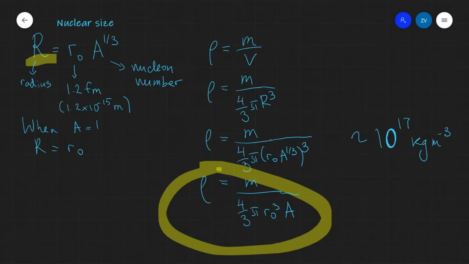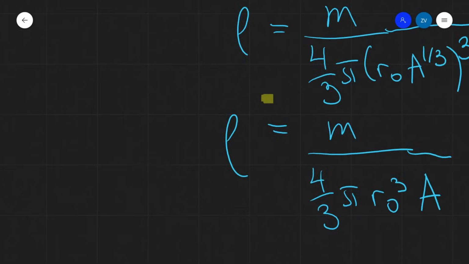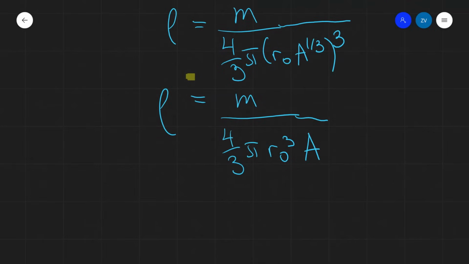Remember, most of the mass of the atom is concentrated in the nucleus, so the density of the atom itself is not particularly high. It's somewhere about 1.5 kilograms per meter cubed, but the density of the nucleus itself is approximately 10 to the power of 17.